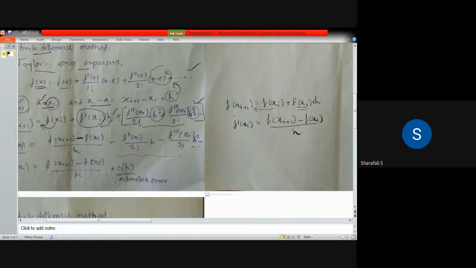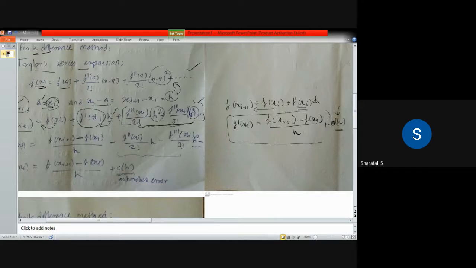So this is the equation for first order differentiation of that function numerically. And you can have some error term here, in the order of h. This is coming from the higher order terms. If you are neglecting that, then some error may come here.